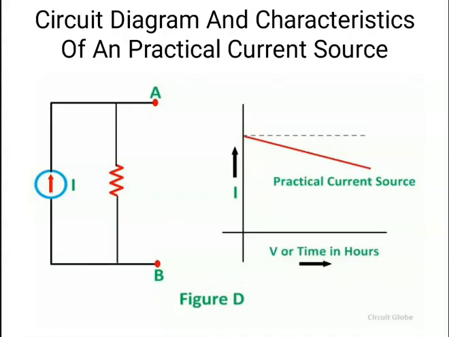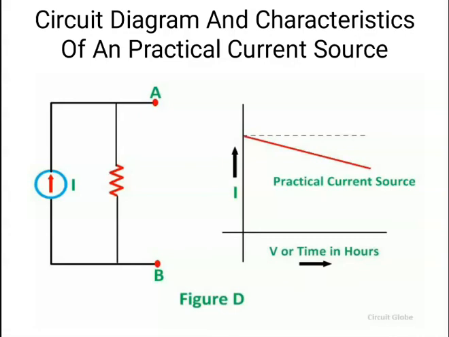Now the circuit diagram and characteristic of a practical current source. Here we have given a resistance in parallel to the current supply. Since between A and B there is an infinite resistance, current cannot go through it, so the current has to pass through that internal resistance.